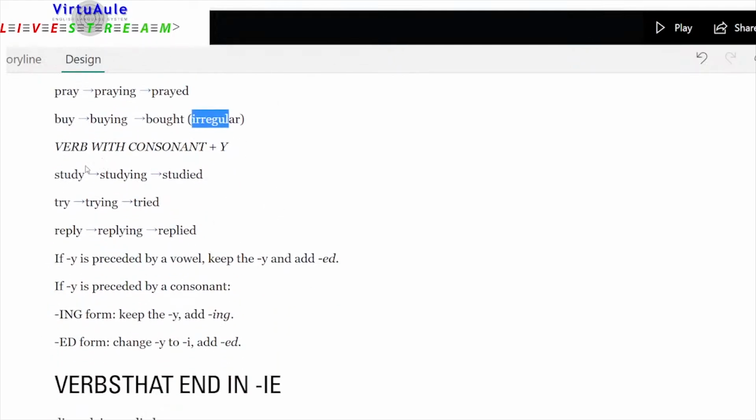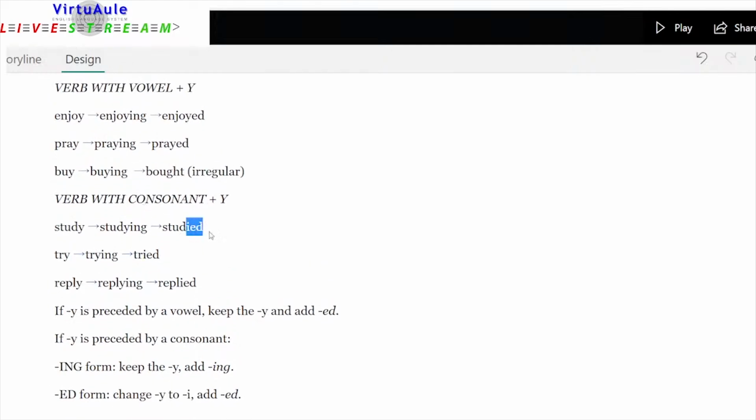Verbs with a consonant and Y. Study, same thing happens. You just add ing to the present participle, but look what happens to the past. You drop the Y and add IED. Same with try. You have consonant R with Y, so you have trying, but you have tried.